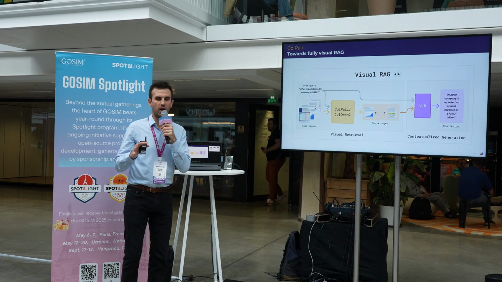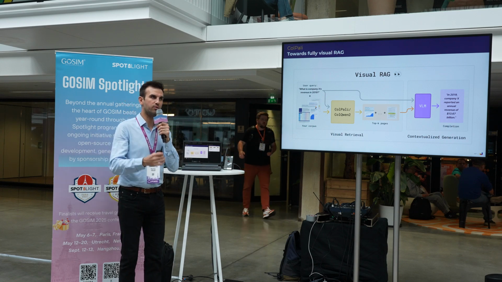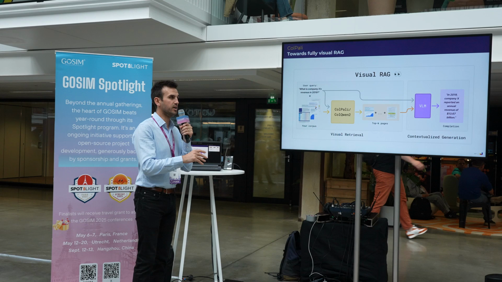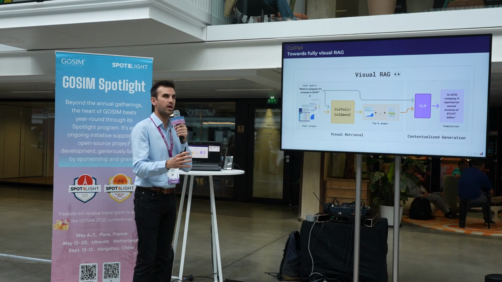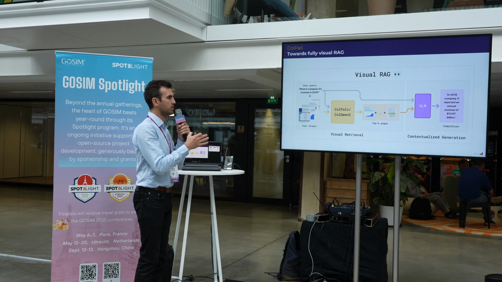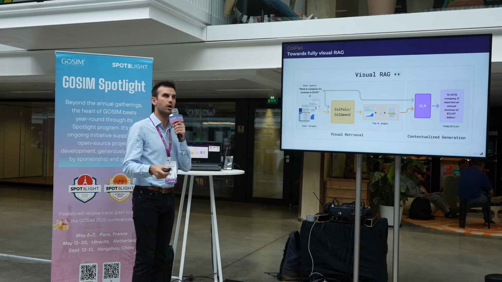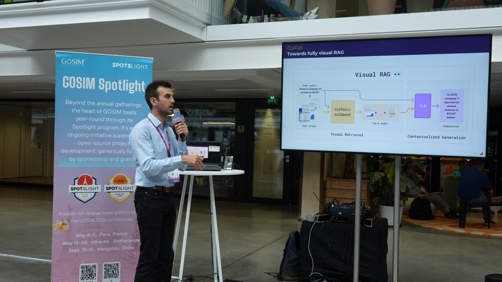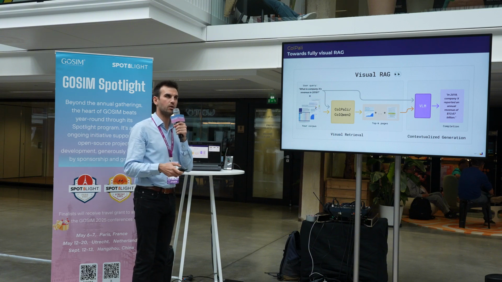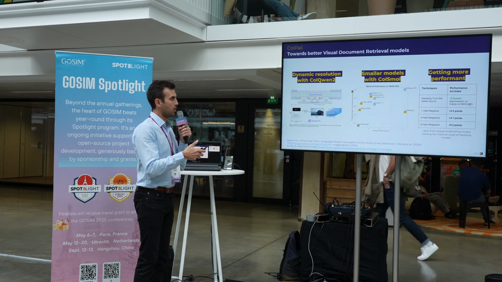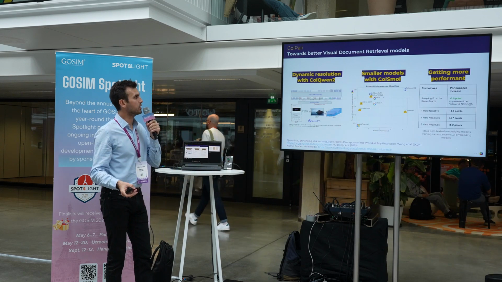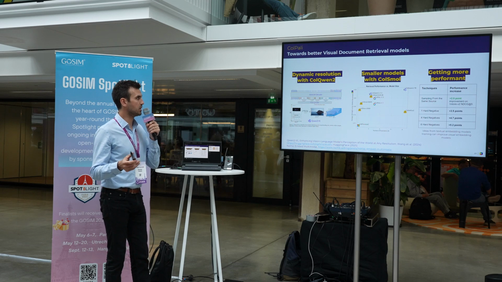Okay, so I've talked a lot about retrieving, but the idea behind that is to perform visual RAG, end-to-end visual RAG, where we then feed the different images to a vision language model so that it answers the queries of the user. So very standard. Okay, and there's several improvements that we can talk about.